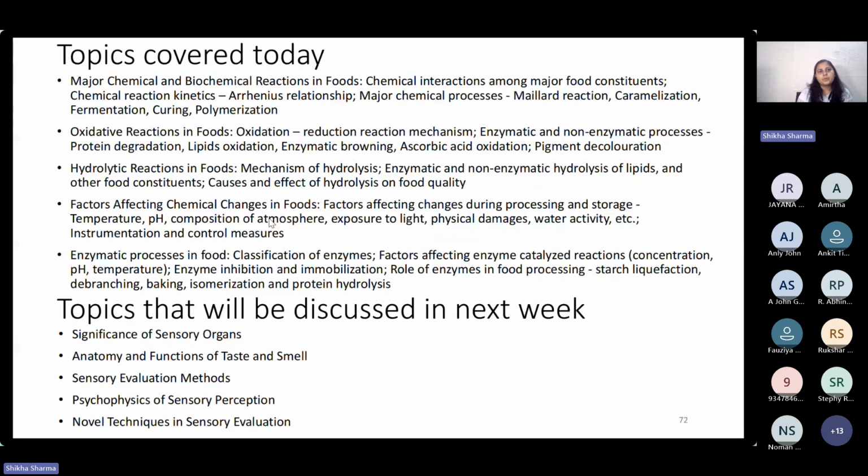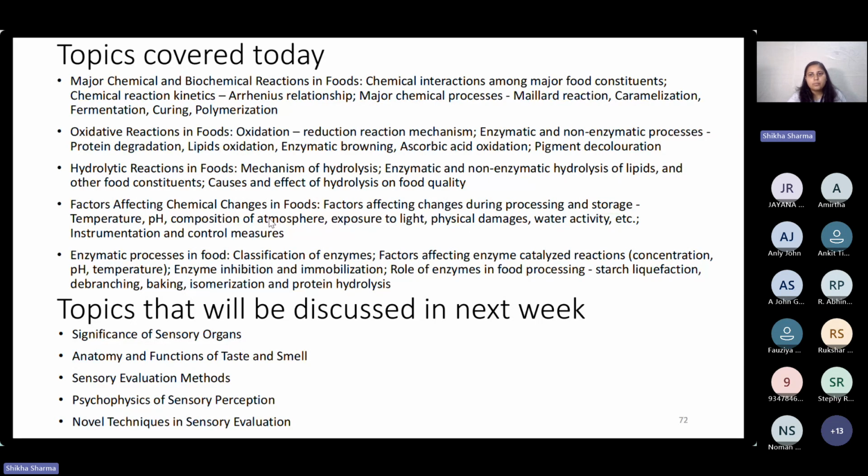Okay, so guys, today we covered the different chemical and biochemical reactions in food. We discussed caramelization, the Maillard reaction, lipid oxidation, and the Arrhenius equation and when it deviates. After that, we discussed different pigment decoloration, enzymatic browning, ascorbic acid oxidation or vitamin degradation. Then we discussed lipid oxidation and protein degradation, different enzymatic and non-enzymatic reactions, hydrolysis, and lipids and their hydrolysis.